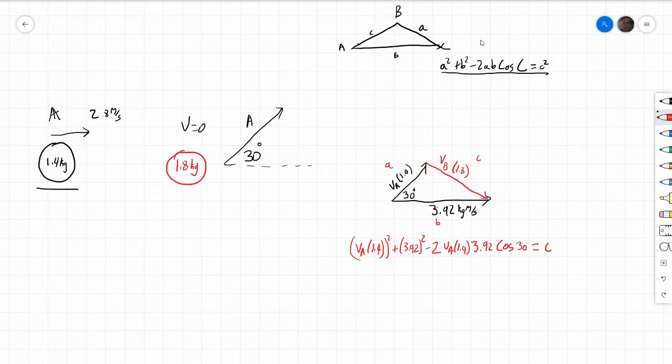Now remember, C squared is actually VB times 1.8, its mass, and then this whole thing is of course squared.